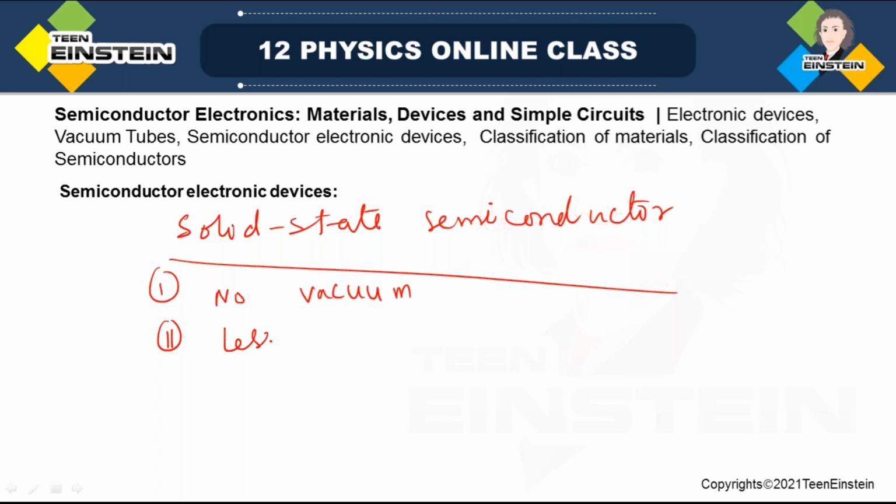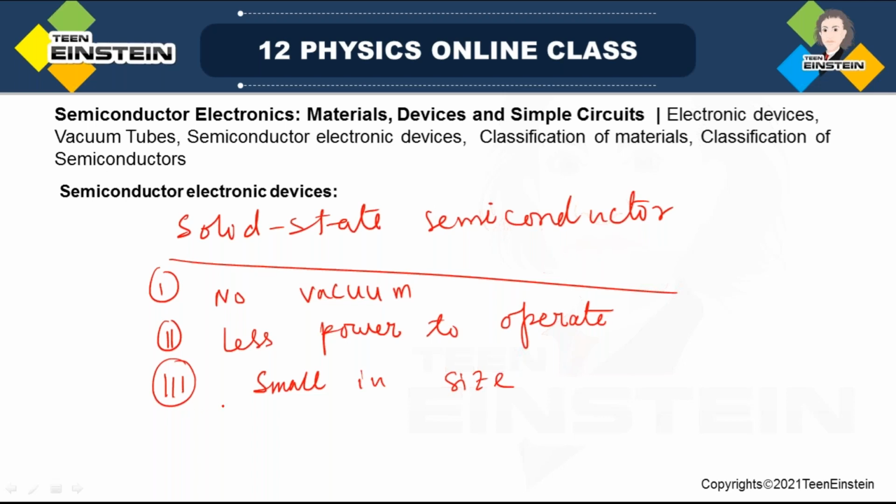Then less power to operate. Okay. Then small in size. Okay.